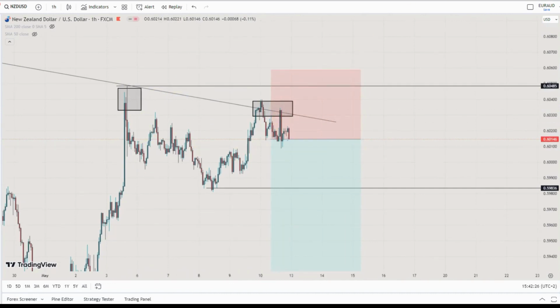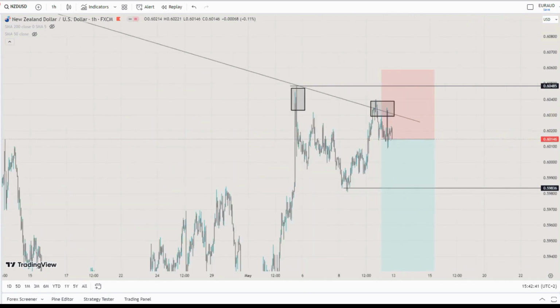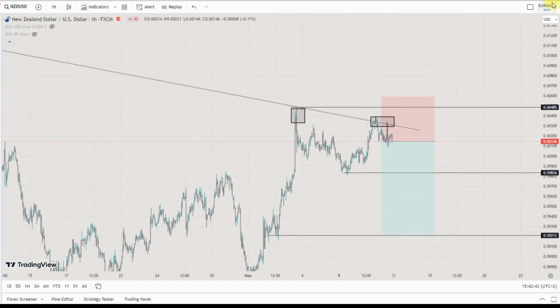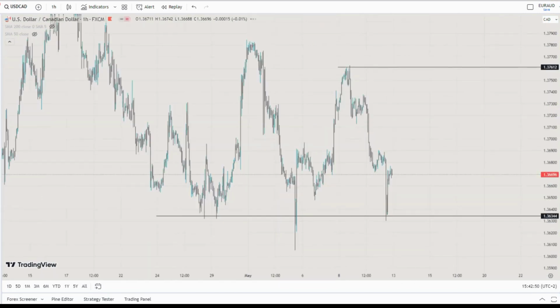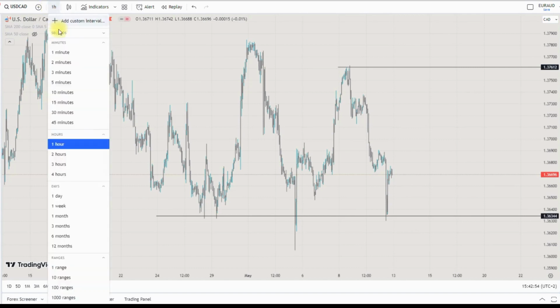So even though this high didn't come close to this, there is even a rejection at this particular area, which might drag the price back to 0.59838, and then if that support level is broken, then you should see price going back to 0.57212.